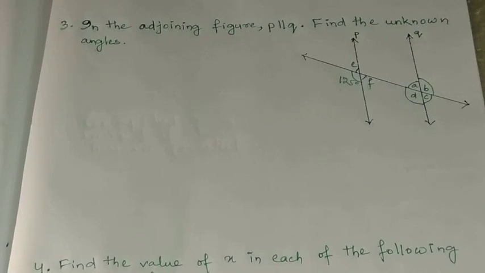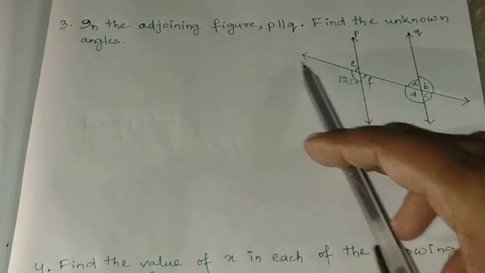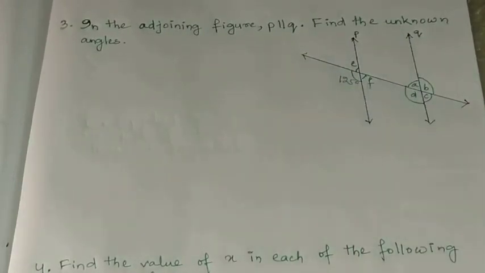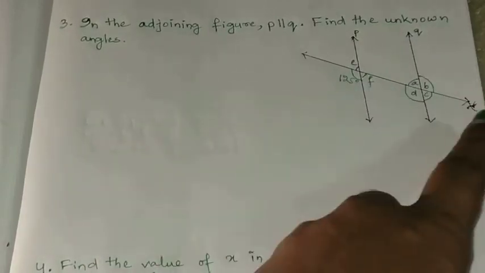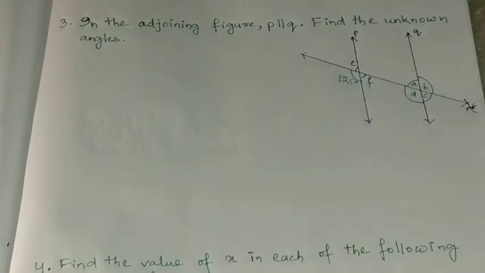So how can we find them? P is parallel to Q, and this line is the transversal. Let this be T. T is the transversal line. So P and Q are parallel and T is the transversal, and these angles are formed.